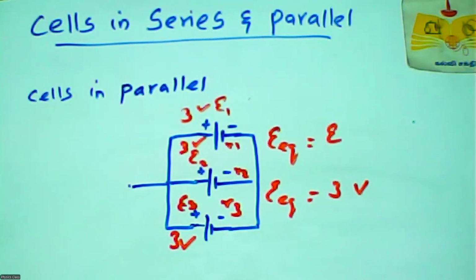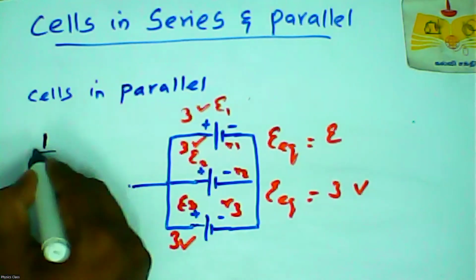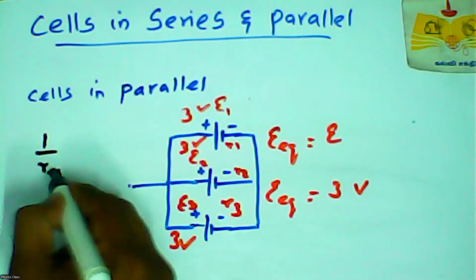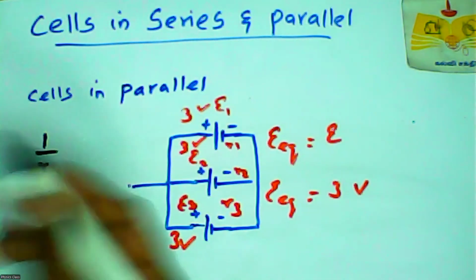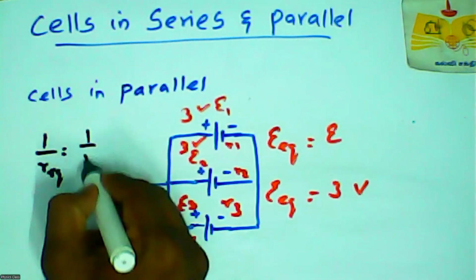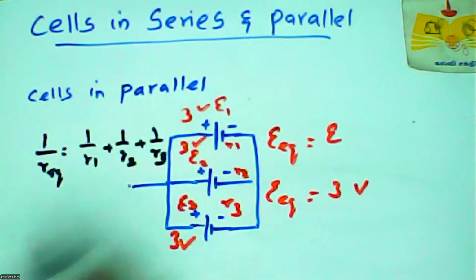And for the case of internal resistance, we have a formula already. We know the resistance in parallel connection. So this is a parallel connection. Already I told the formula, that is 1 by R1, 1 by R2, 1 by R3. Clear?